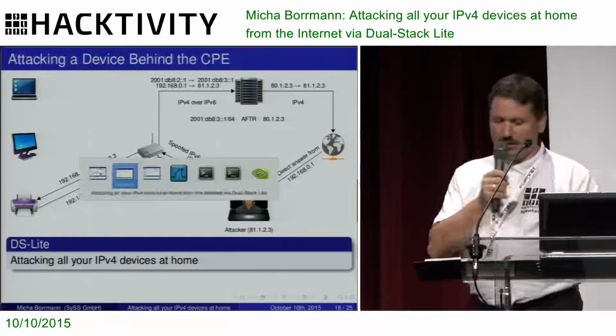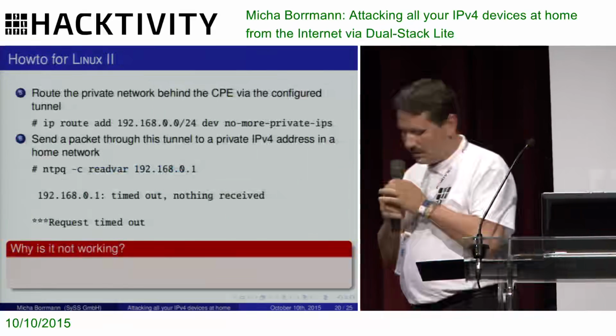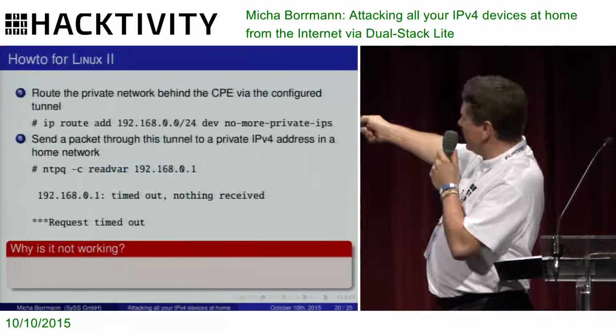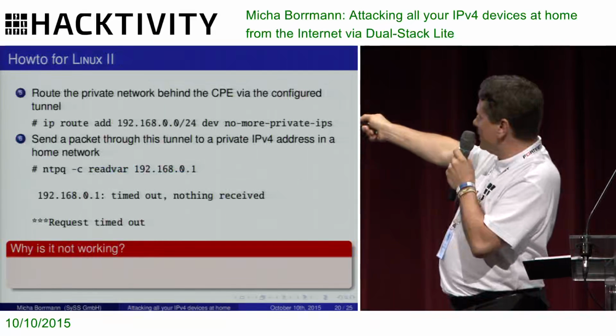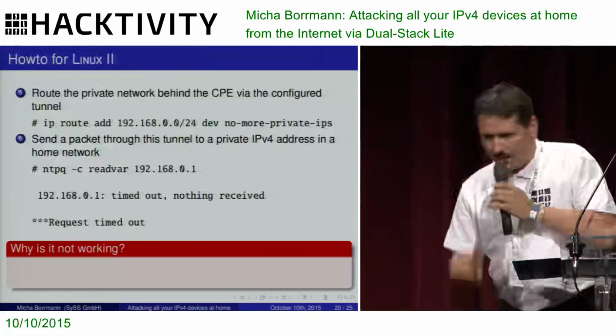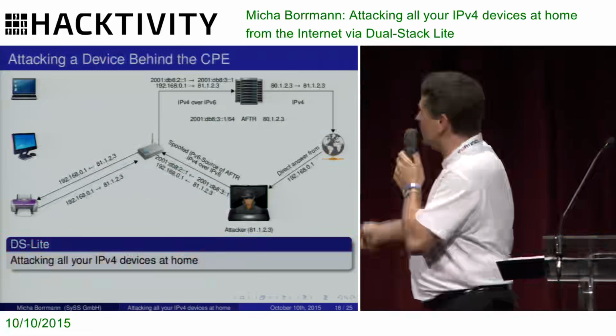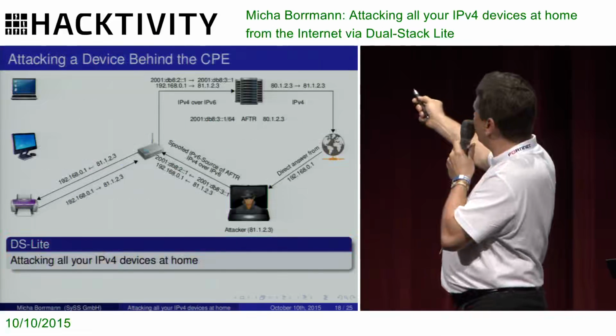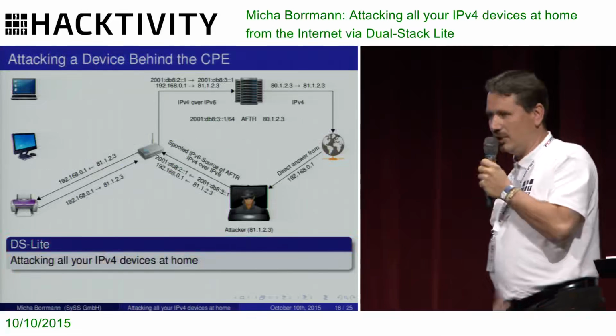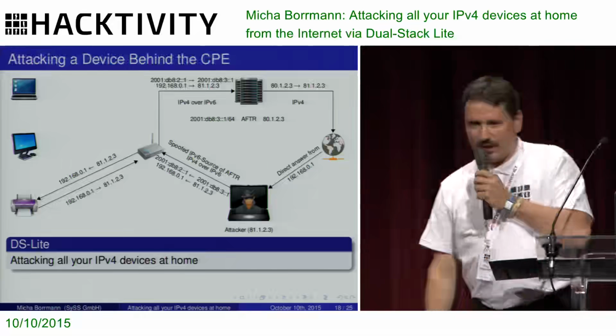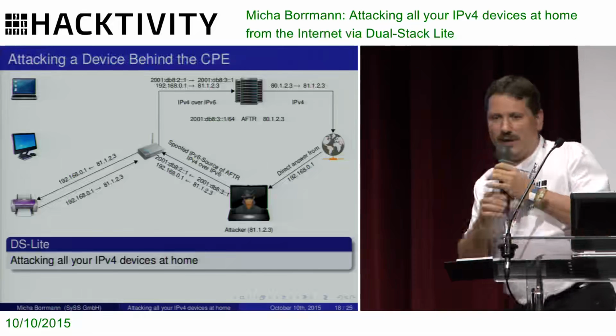The reason is your IP stack sent it to 192.168.0.1, but the response comes, in that example, from a different address. And usually your IP stack will not recognize that it's the answer to my request.